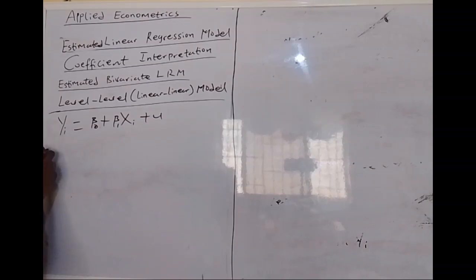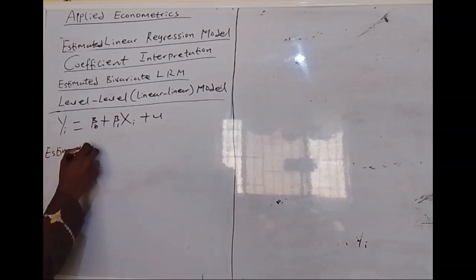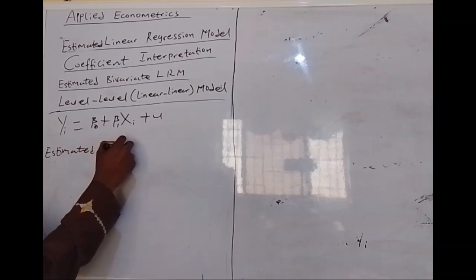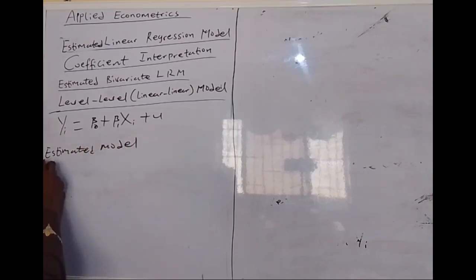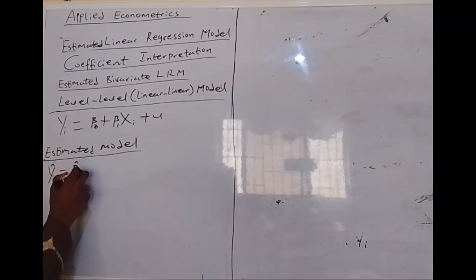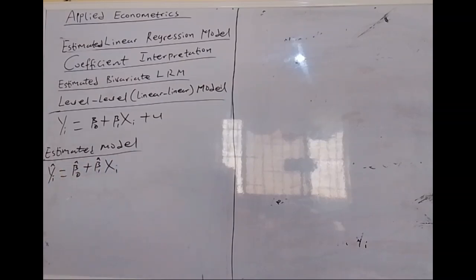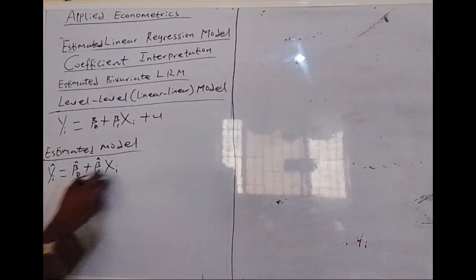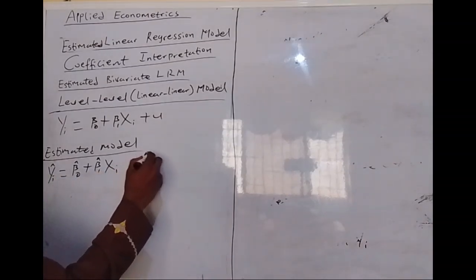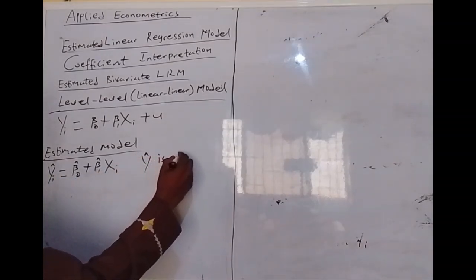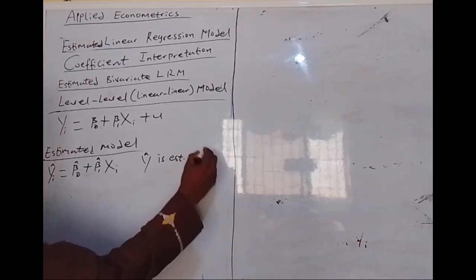So let's say we have our estimated model as y hat equals beta naught hat plus beta 1 hat x i, where y hat is the estimate of y.